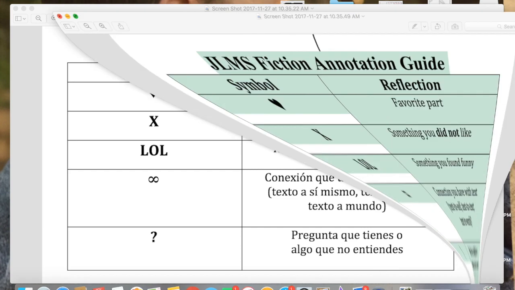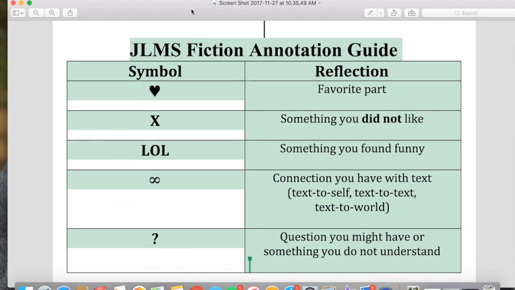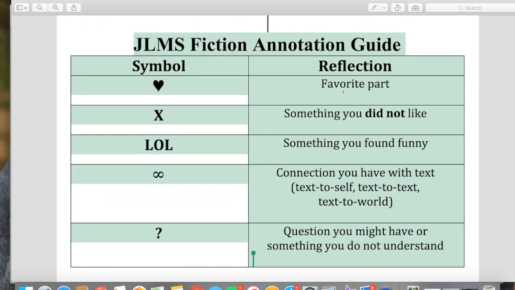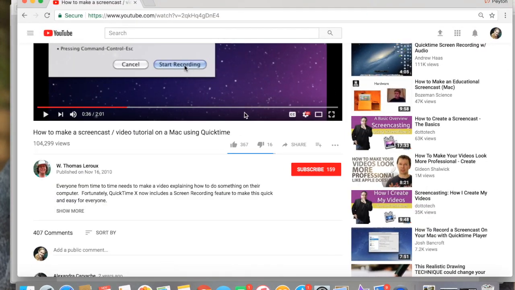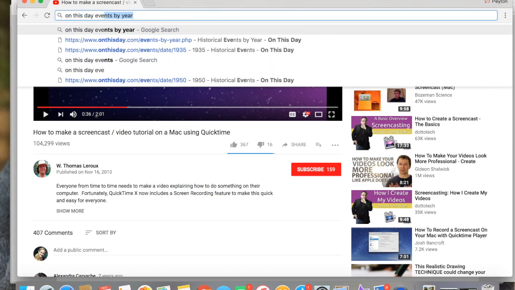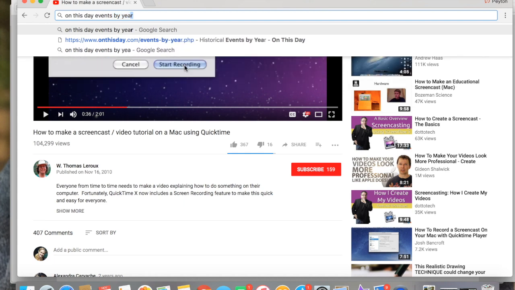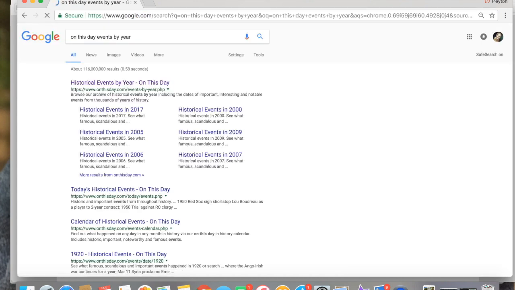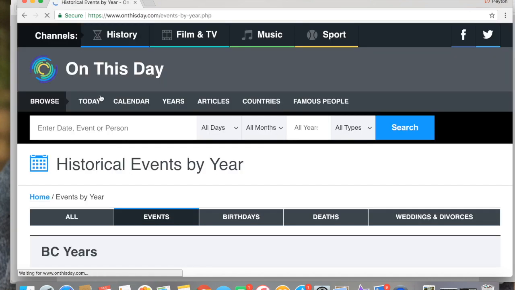Here is the annotation guide in English. Favorite part, heart. Question, or pregunta, question. You're going to go to Google, and you are just going to type in "on this day events by year." You type that in, and you're going to come to this page that says historical events by year.